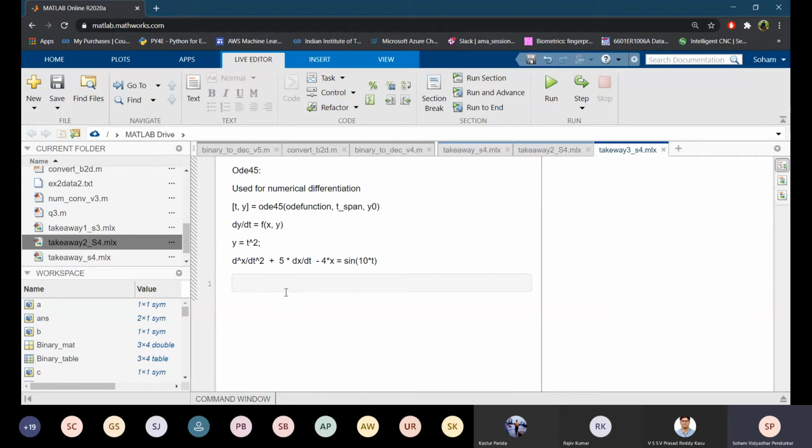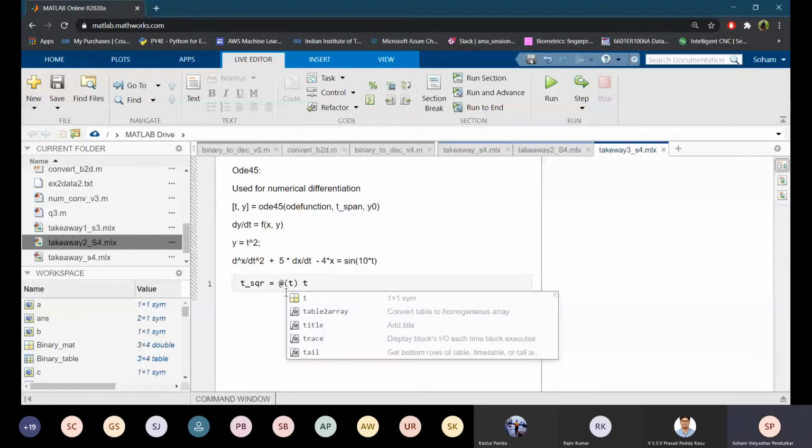Let's say t square is the function name I'll give. t square is equal to @, followed by brackets with the arguments of this function. So t is your argument or the variable, so @(t), and now I'll define the function, that is t square.